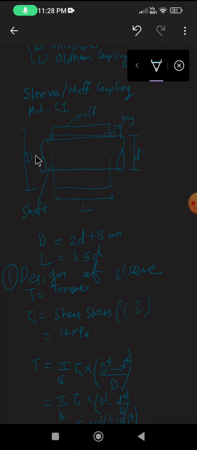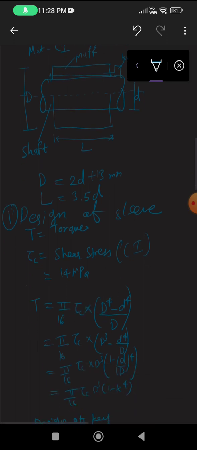As we know, it is a hollow cylinder, so the whole diameter minus the diameter of the shaft, D raised to 4 minus d raised to 4 divided by D. So this is the formula for torque T. Now if we take D cube common, we are left with 1 minus k raised to 4, where k will be equal to small d by capital D.